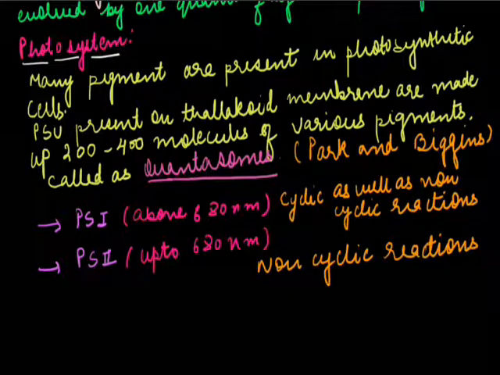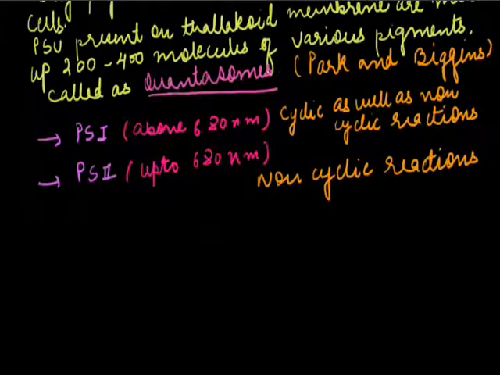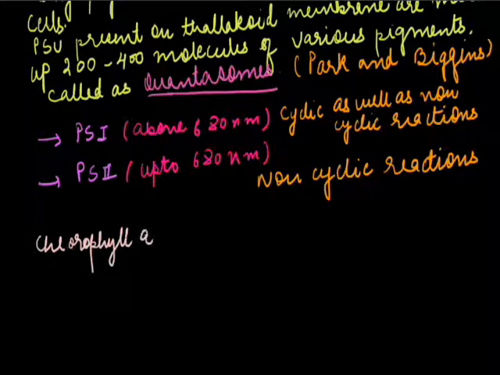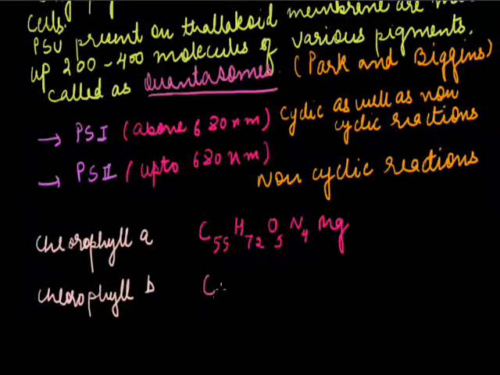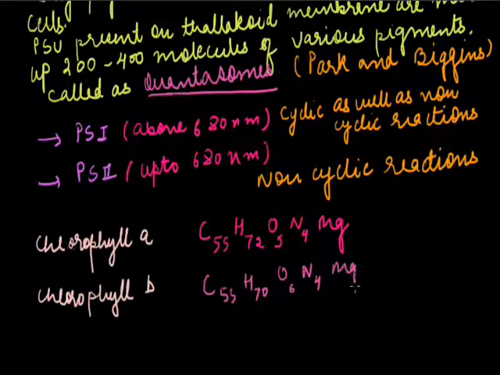Mainly two types of pigments are present in PS1 and PS2, chlorophyll A and chlorophyll B. Chlorophyll A has a formula of C55H72O5N4Mg, whereas chlorophyll B has C55H70O6N4Mg.